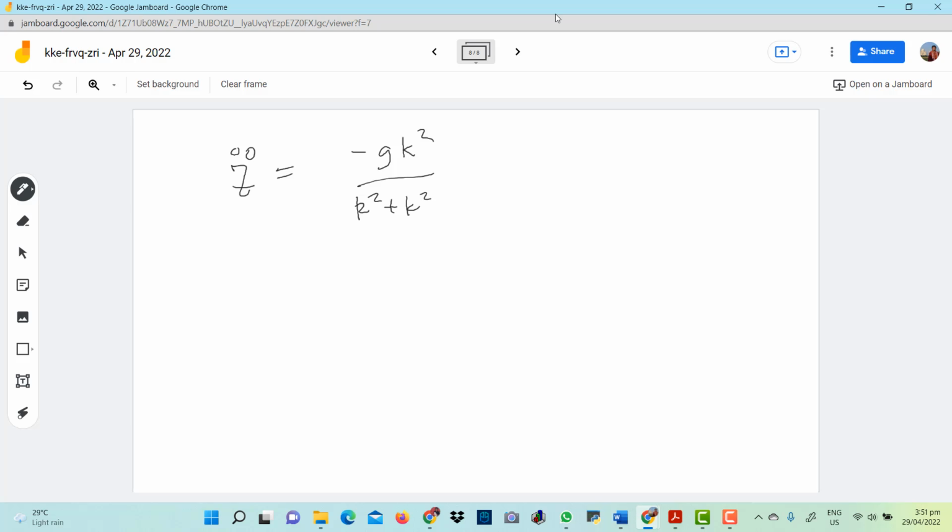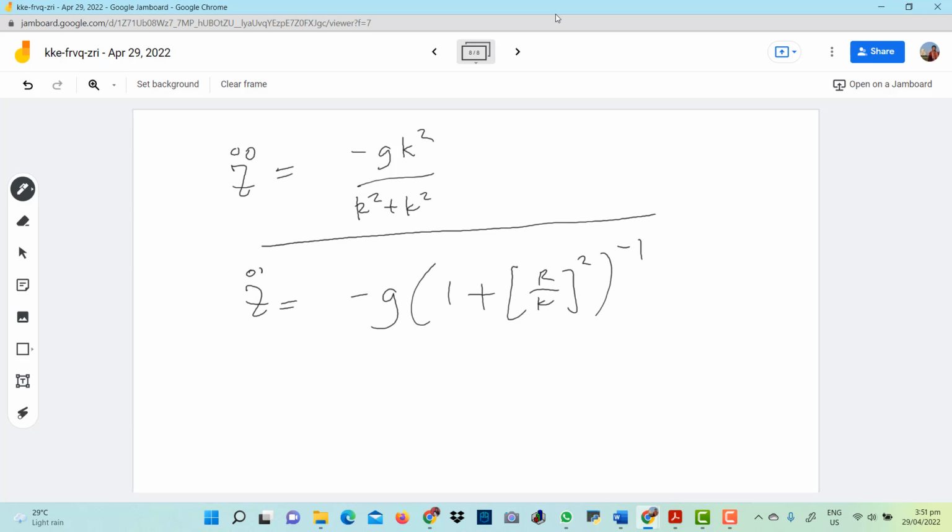If you simplify this further, you will get minus g times 1 plus r over k quantity square raised to the power of negative 1. This will be the equation of motion along z.